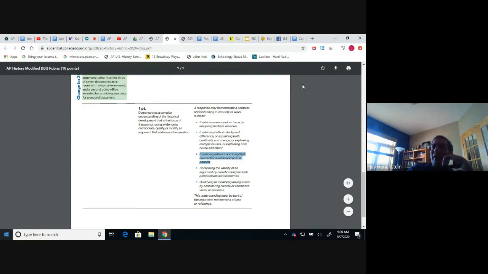They entered the era of good feelings, where one political party, the Democratic Republicans, were the only major party left after the disintegration of the Federalist Party.